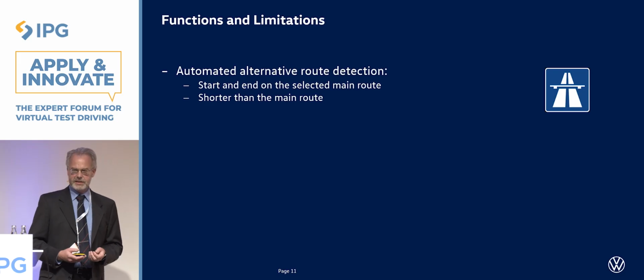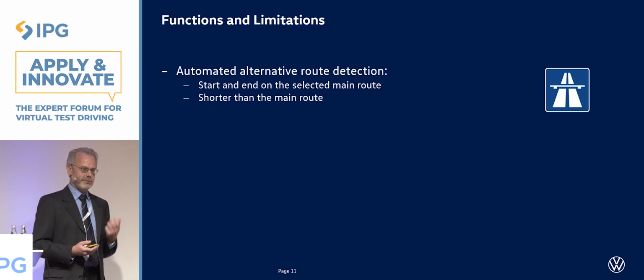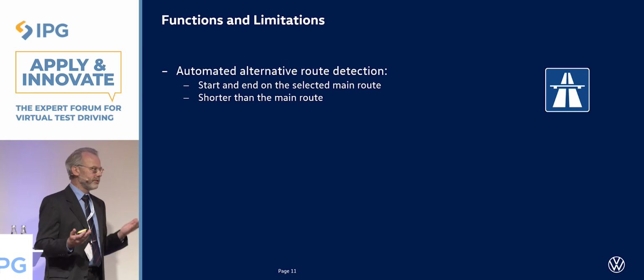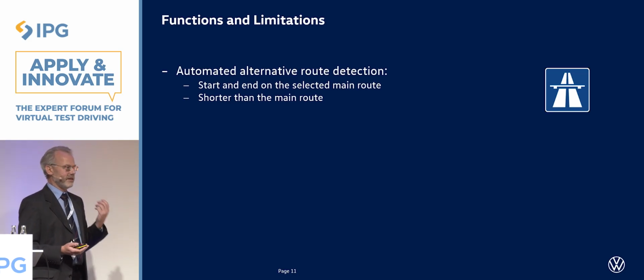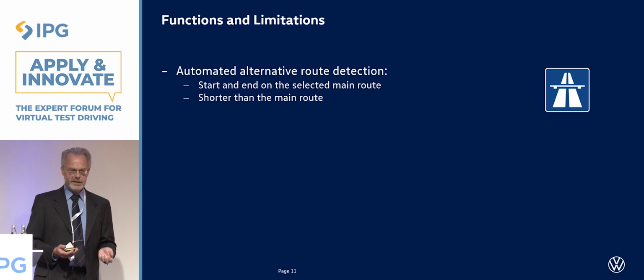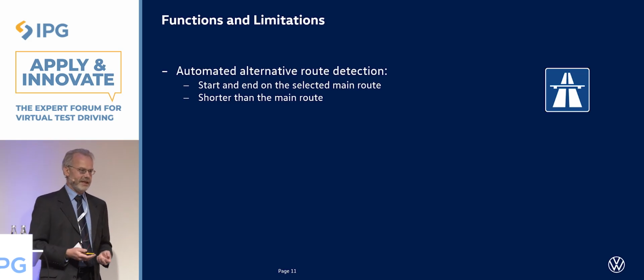So as you have seen in this example, we are now able to switch from the main route to an alternative route during a running simulation. In order to make this operational on a test rig, we had to add some additional functions to make it safe for the operator to do so.